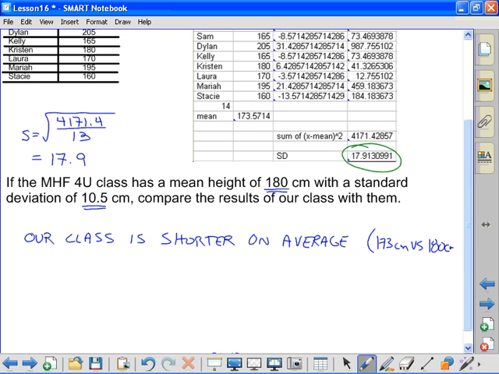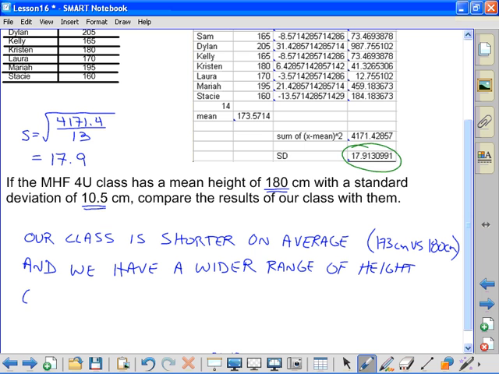So definitely the other class on average is taller, and we have a wider range of height compared to the other class.